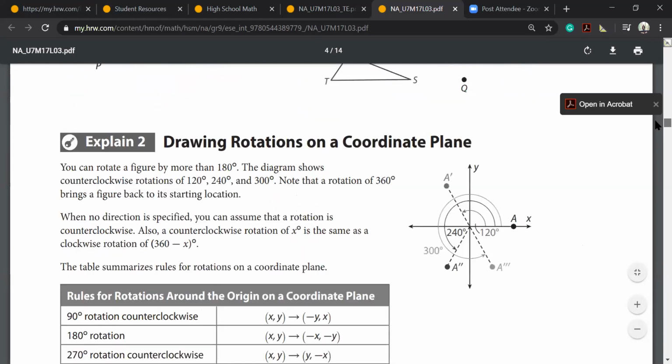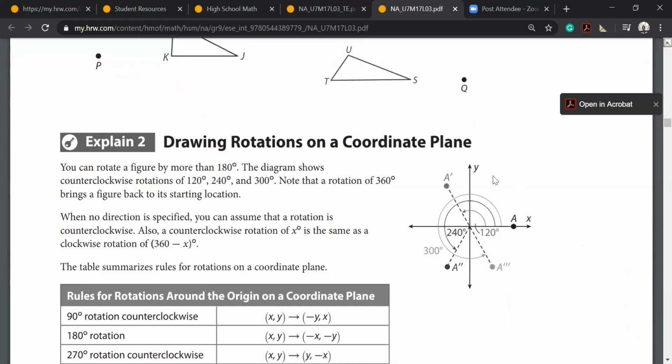What do I mean? If you have an object in here and you move 90-degree clockwise, where will be your object? It will be in here. I moved clockwise 1 quad. What if you move 270 counterclockwise? 1, 2, 3, it will land in here. So actually it is the same.